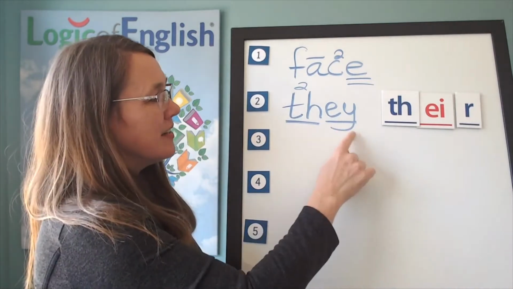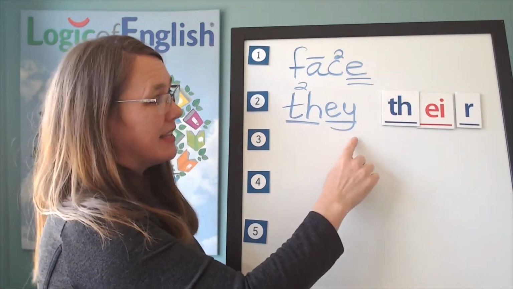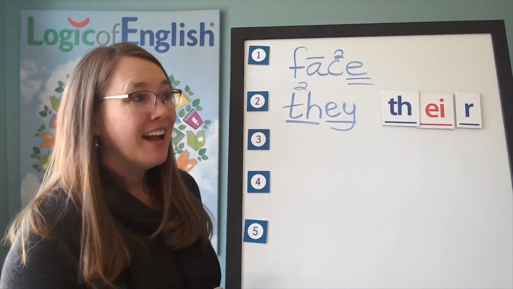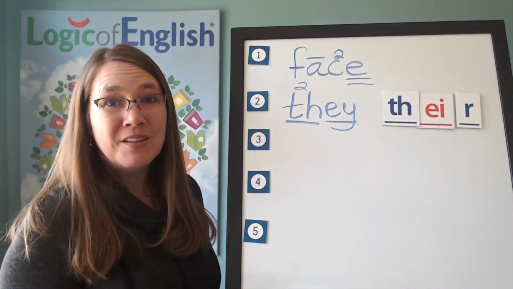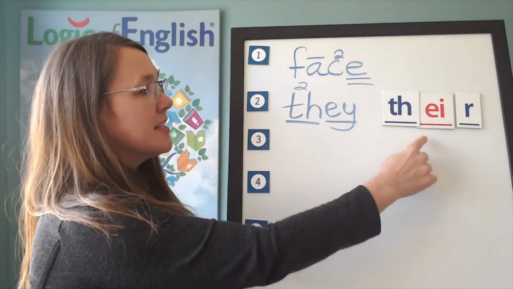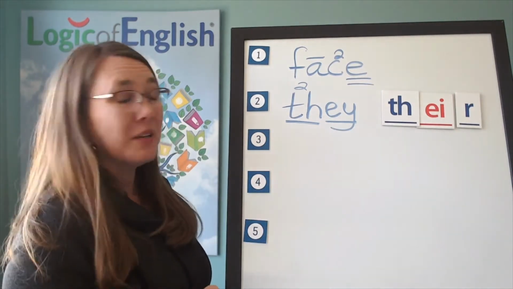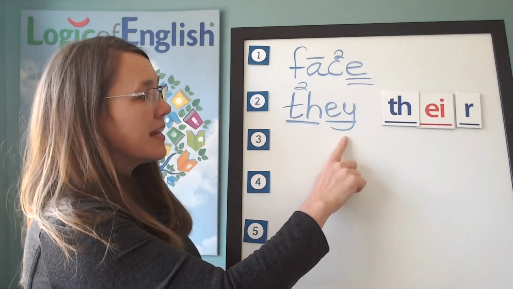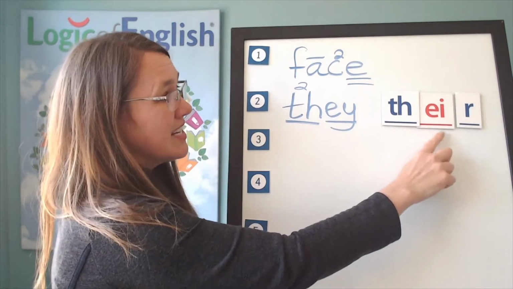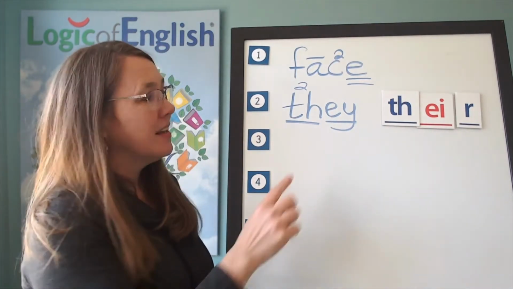Do you think there's any relationship between the word they and there? There is. They bought a car. That is their car. These words have a similar meaning. They're related in meaning. So notice how we used a phonogram in they that is related to the phonogram in there.